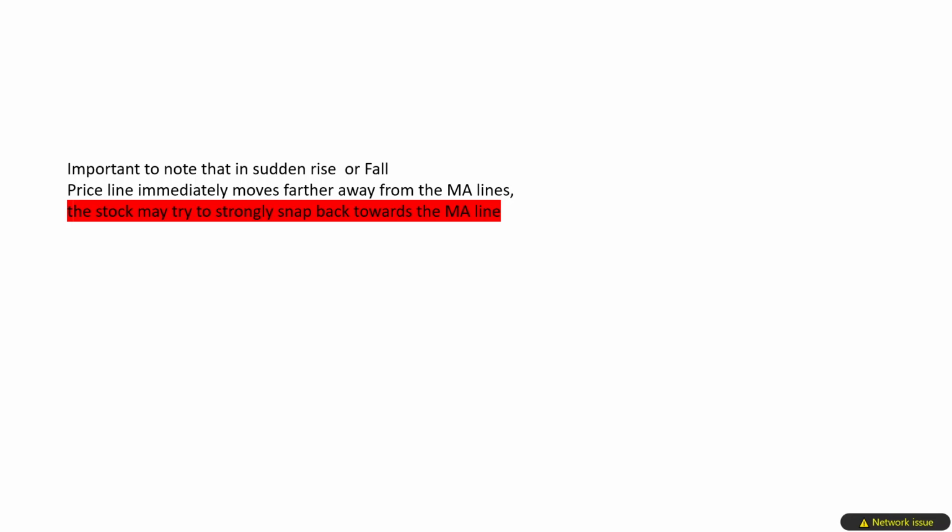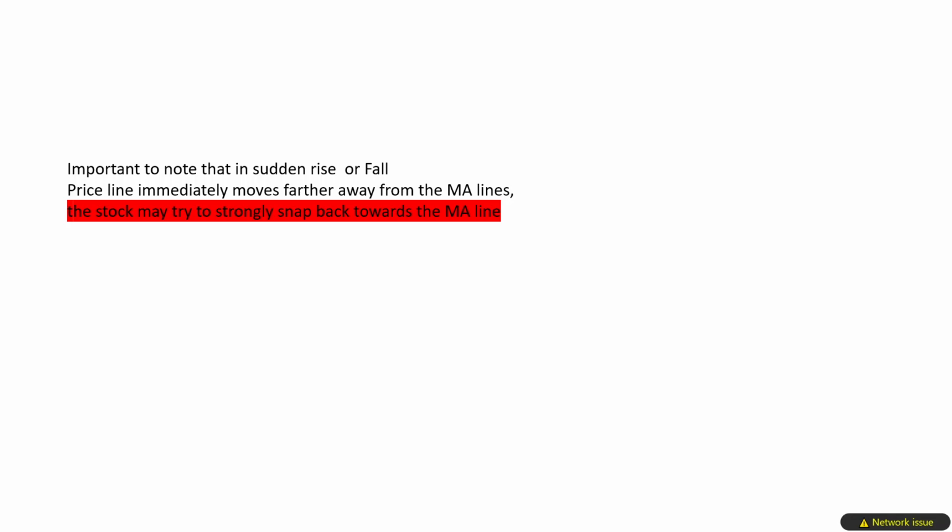Here is a very important point that I would like to share with you, about a sudden rise or fall in the price. If the stock price suddenly rises and moves away from the MA, the stock will return back to the MA line, because the line acts like a magnet.